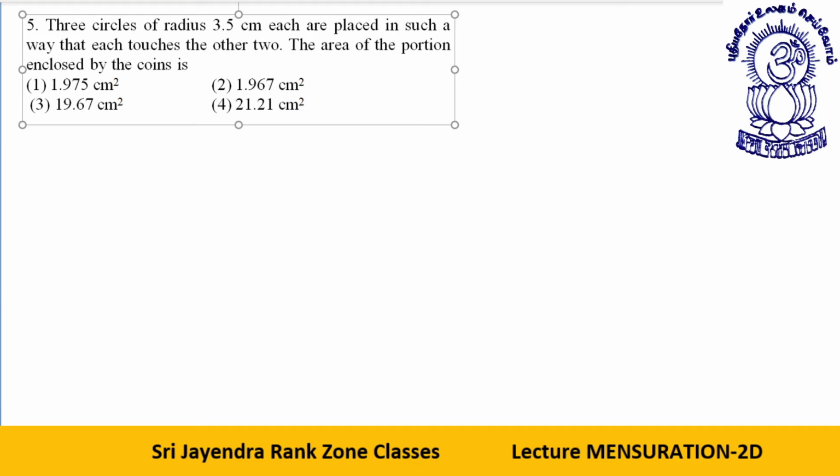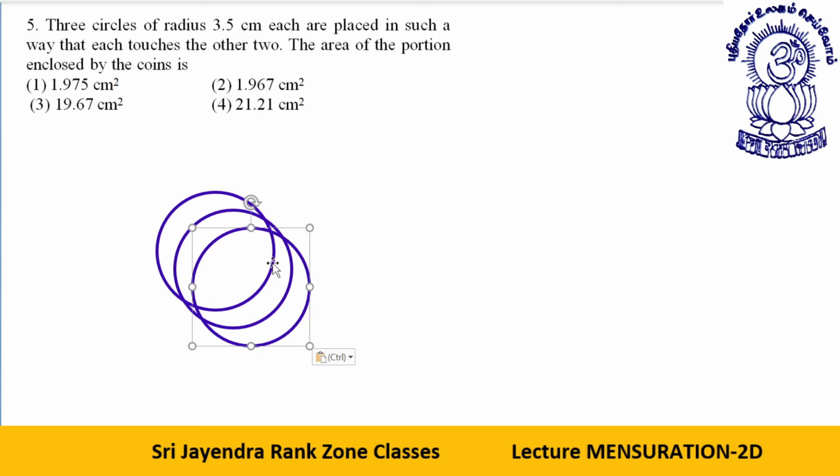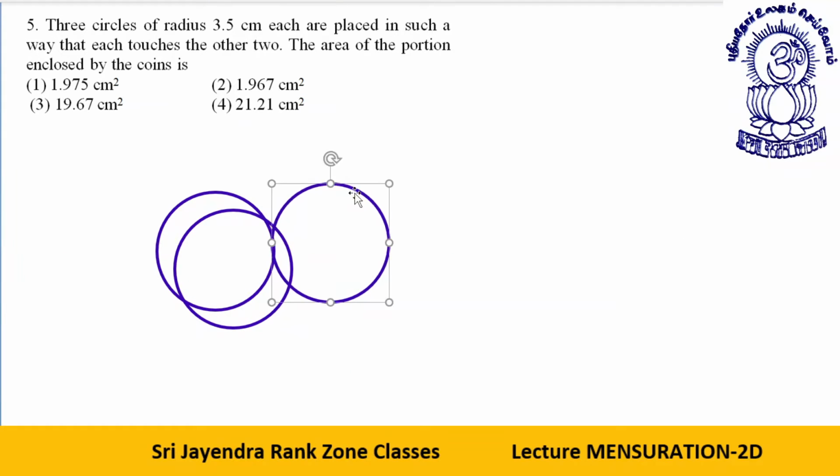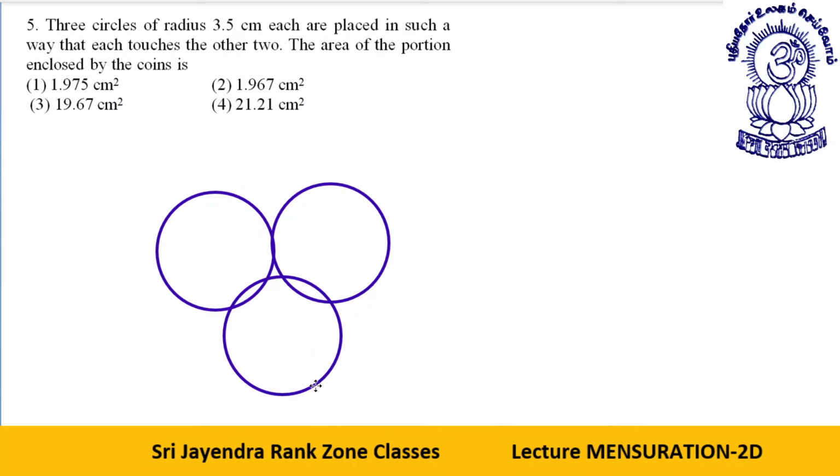Let's say we have three circles or three coins, whatever it is. I take three circles like this. We have to determine the area of the portion enclosed between these. Fine. Let it be like this only.